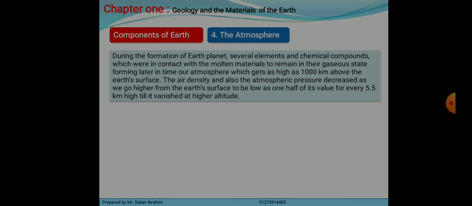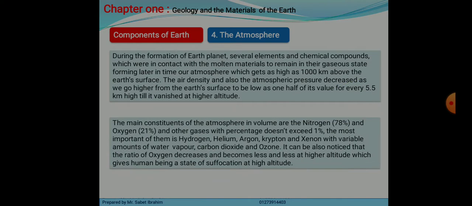The air density and also the atmospheric pressure decrease as we go higher from the Earth's surface, to become as low as 1/2 of its value for every 5.5 kilometers, till it vanishes at higher altitude.